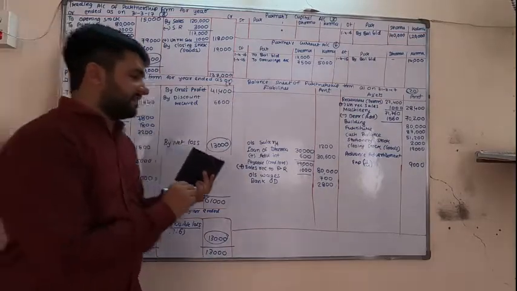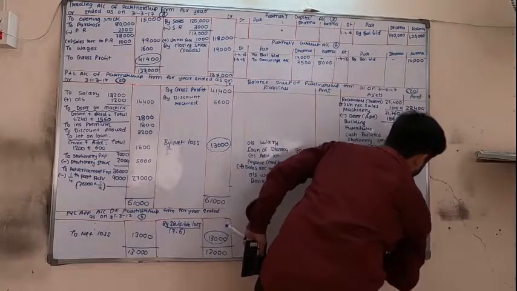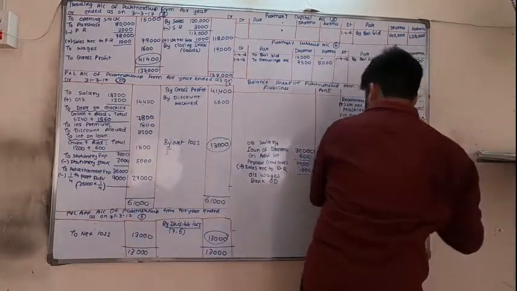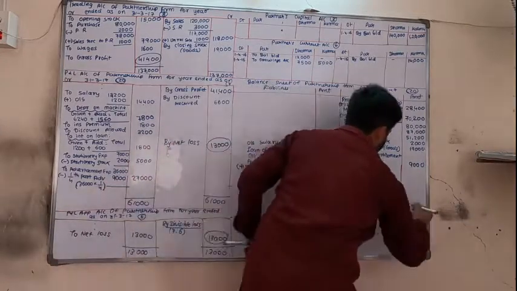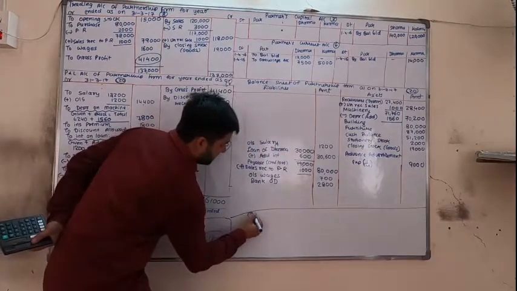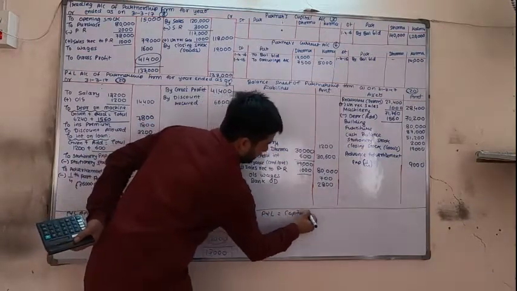If we want, we can calculate capital ratio also. We have not calculated this capital ratio. So in next calculation, P&L ratio is equal to capital ratio.